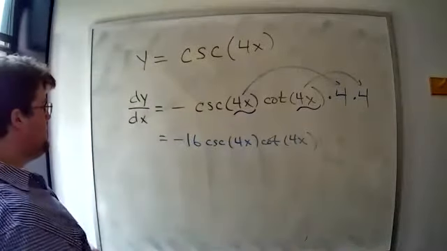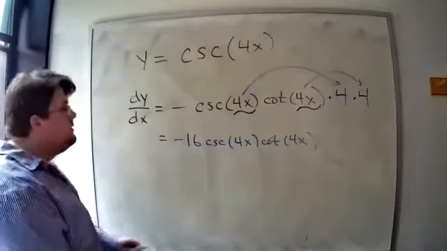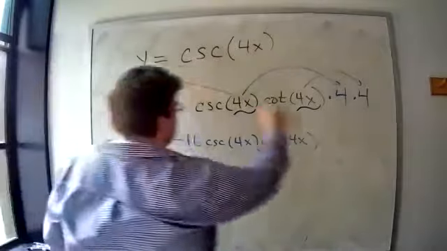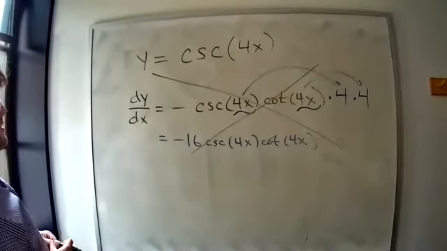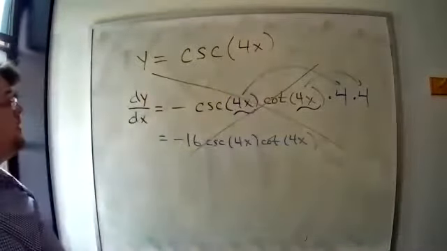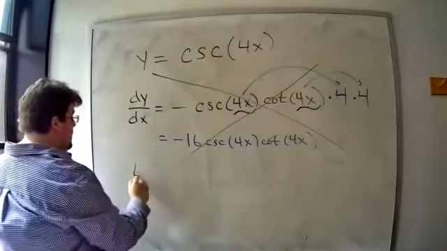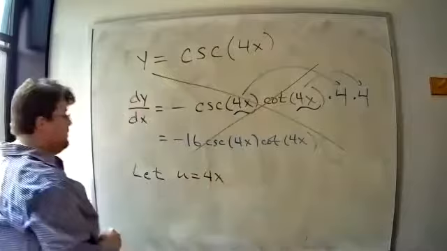So let's look at the details of the chain rule. Maybe I'll put an X through this. X. That is not correct, because there's technically only one 4x that we're dealing with, even though two show up. So let's look at the details. Let u equal 4x.